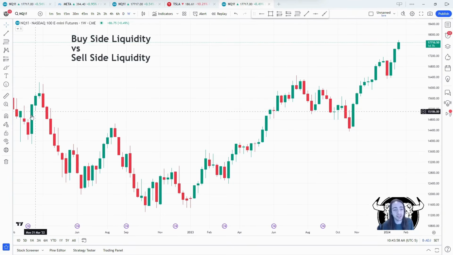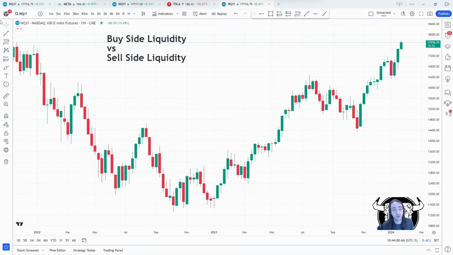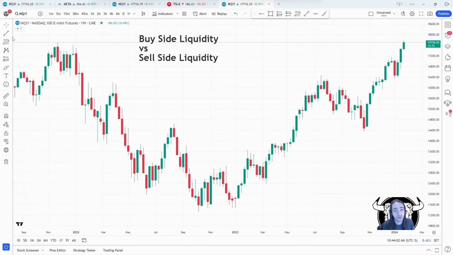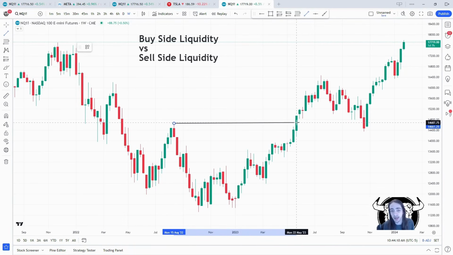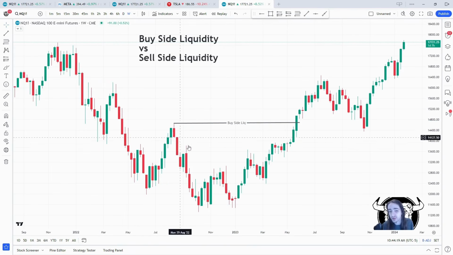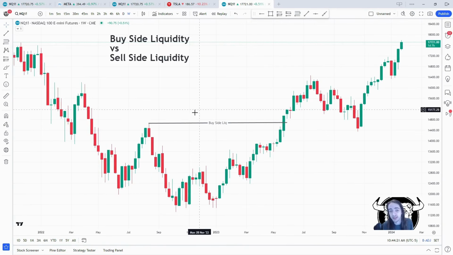So let's go over some examples of buy side and sell side liquidity. I'll mark out some key zones and key levels that I would look for. Now I would see this as a pivot right here is buy side liquidity, and I'll show you how this buy side liquidity doesn't look like it worked, but it did work in a way. Now what we look for when we look for buy side and sell side liquidity is obviously we look for some sort of rejection, right?